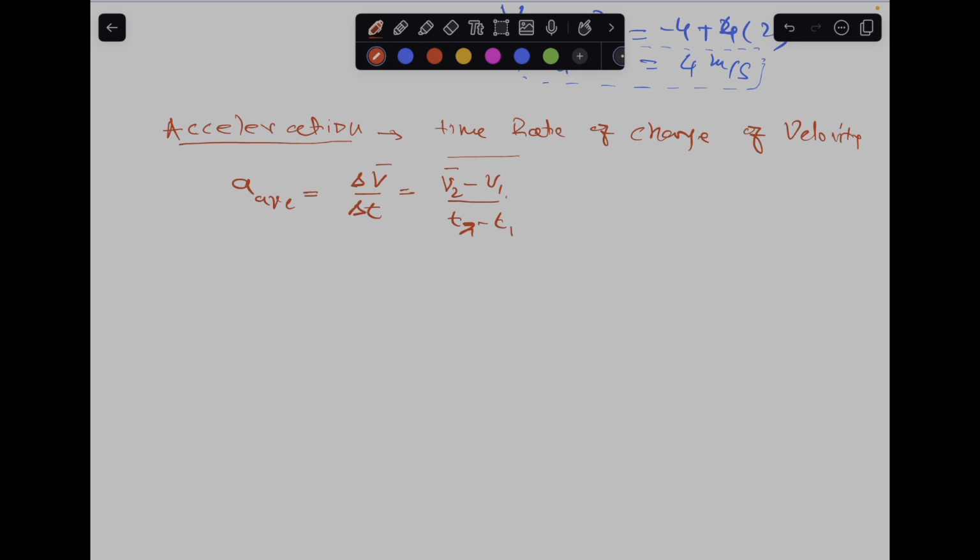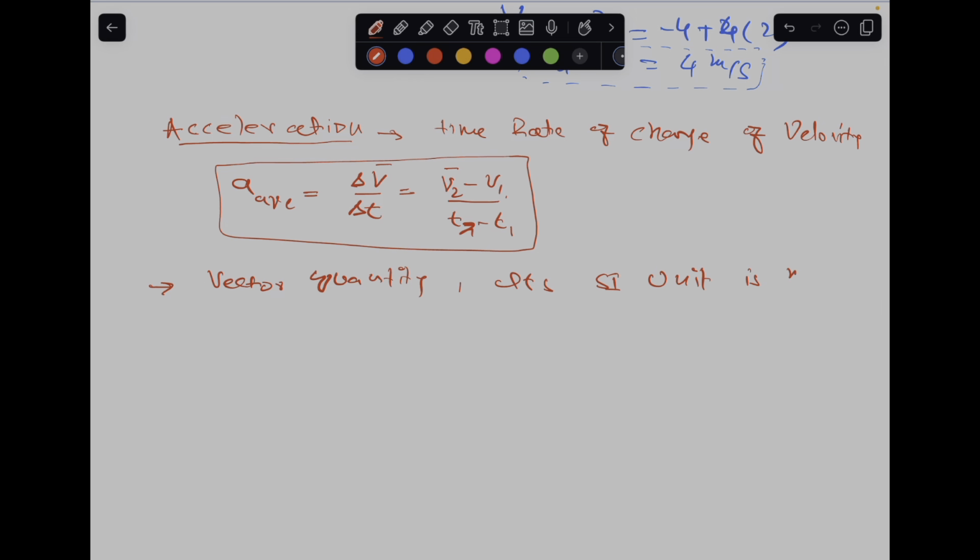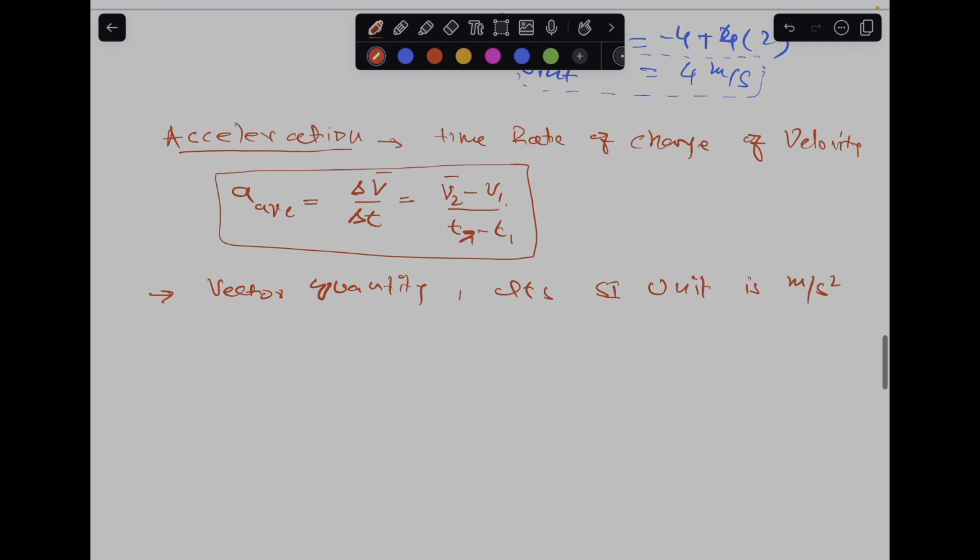So acceleration is the time rate of change of velocity. Acceleration is also a vector quantity, and its SI unit is meter per second squared. So this is your average acceleration.